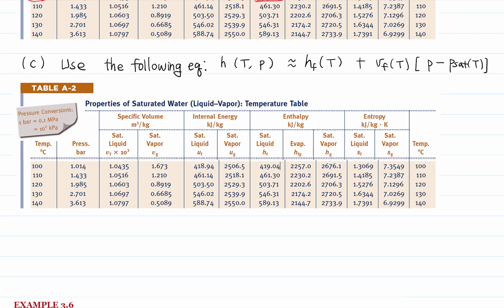And lastly, we are going to use the following equation. Enthalpy is expressed in terms of specific volume and the pressure. So enthalpy at the saturated liquid state, 419.04 kilojoule per kilogram, plus Vf, the specific volume at the saturated liquid state, 1.0435 times 10 to the negative third.